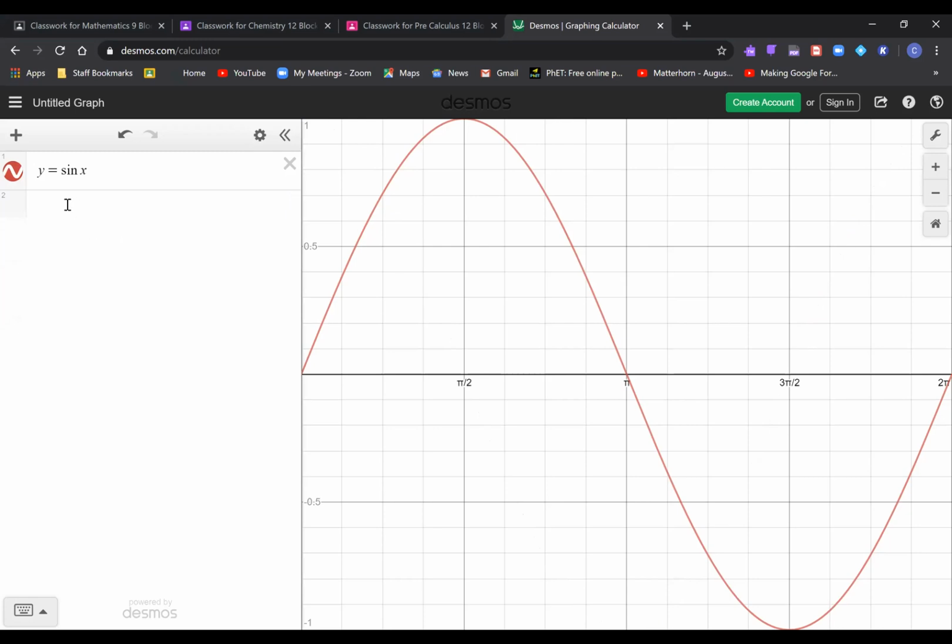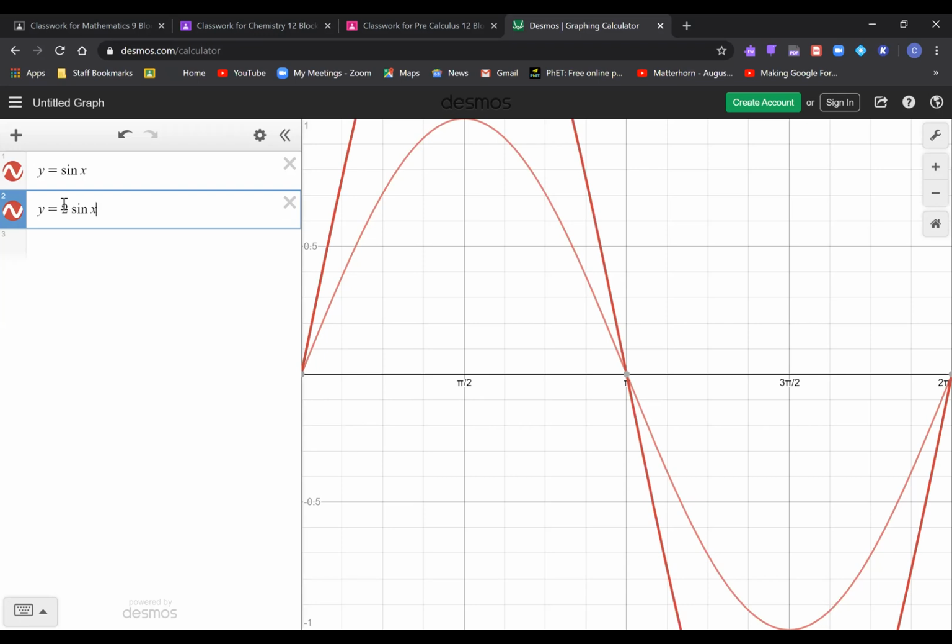Basically we're putting a 2 in front of sine, and we're curious, how does that affect the graph here? Now, back in chapter 1, putting a number in front of a function causes what was known as a vertical stretch. And so this should cause the graph to get stretched, actually. So let's just see what that looks like.